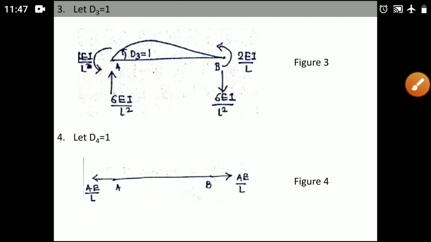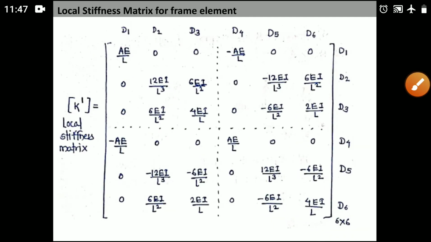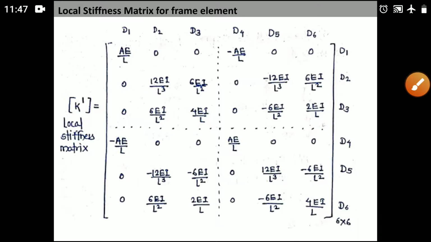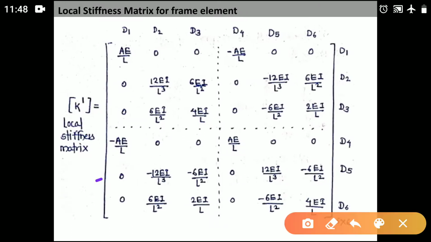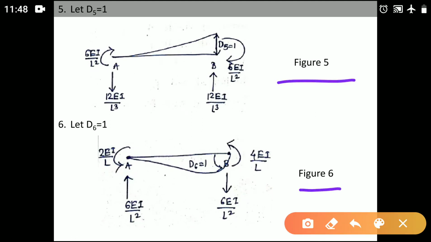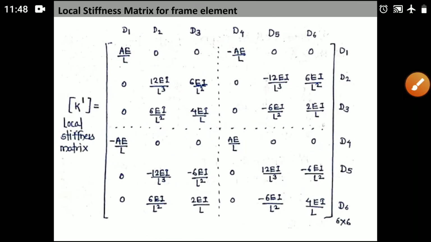It is towards the left, therefore that element is written minus AE upon L. And similarly the next two elements, in rows D5 and D6: in figure number 5 and figure number 6, at node A no horizontal force is present, therefore the next two elements are written 0, 0.